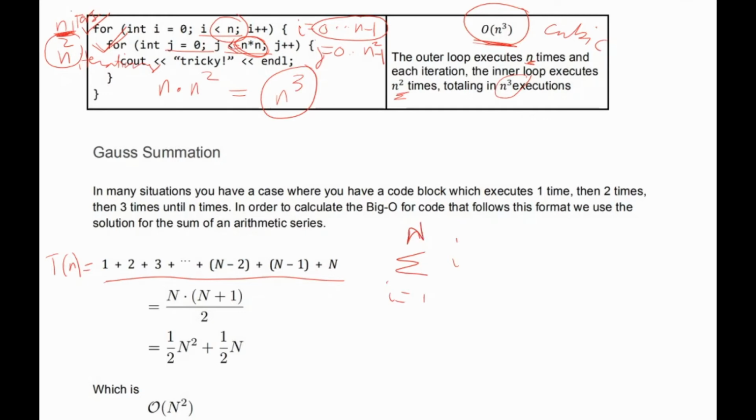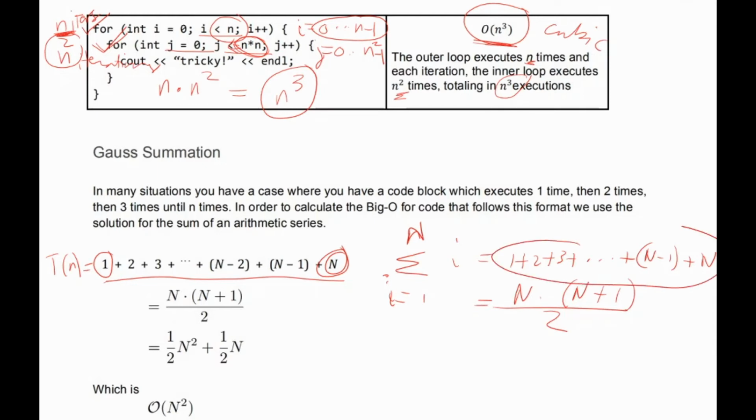That is simply 1 plus 2 plus 3 up to n minus 1 plus n. And remember that this is simply equal to n times n plus 1 over 2, and we already proved this in mathematics. This one is equal to this one.